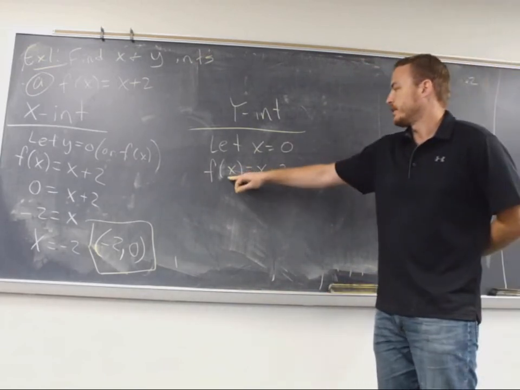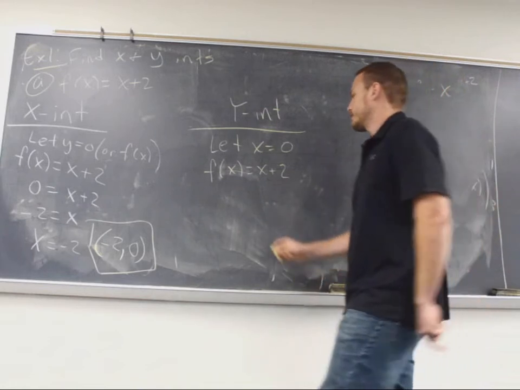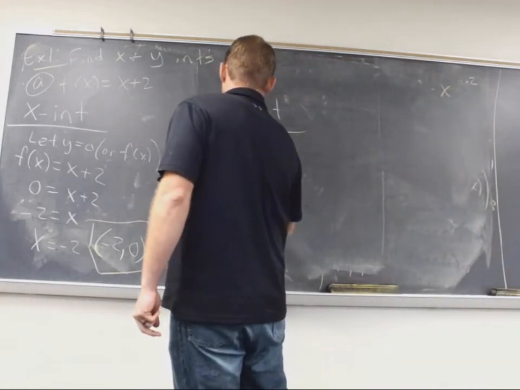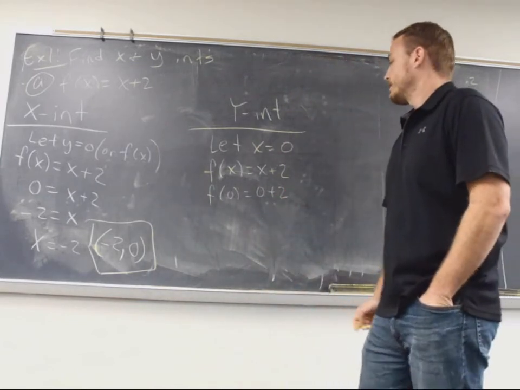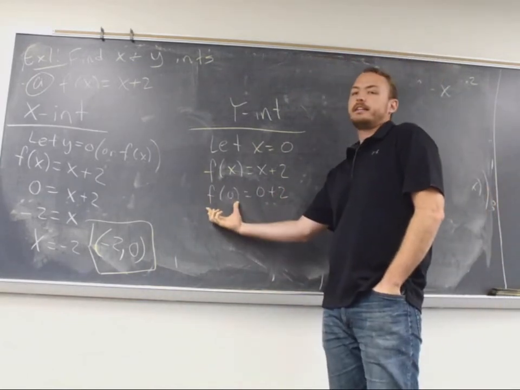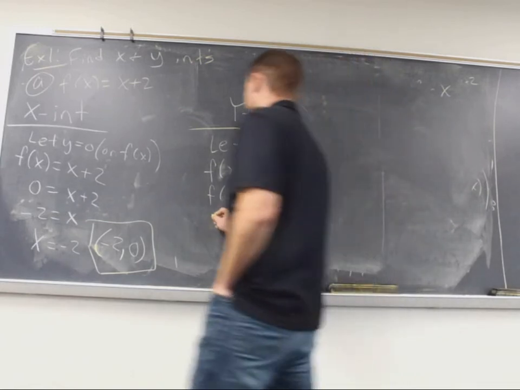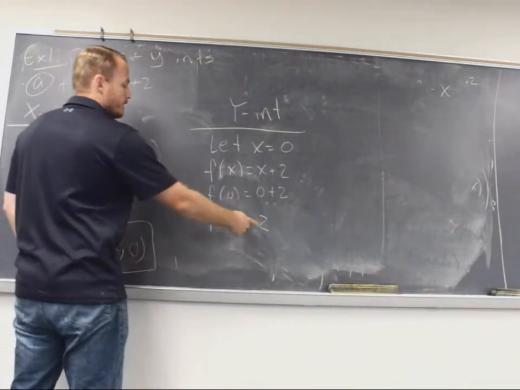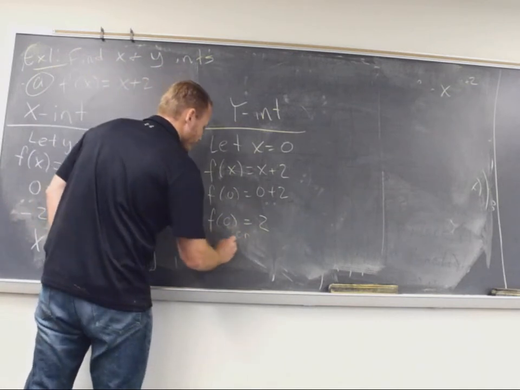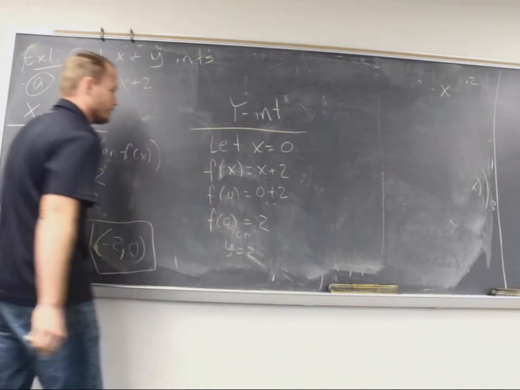So now I replace 0 everywhere there's an x. So I get f of 0 is equal to 0 plus 2. And remember, this is still just treated as y. So f of 0 is equal to 2. That means y is equal to 2, or y equals 2.